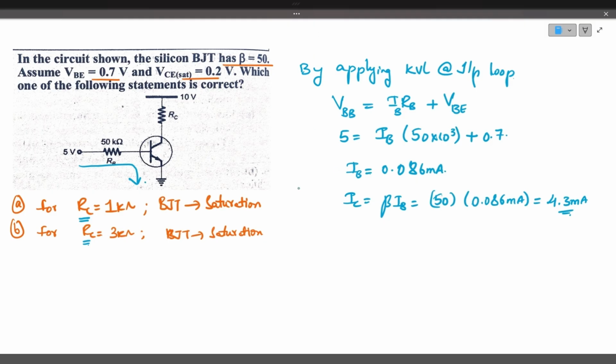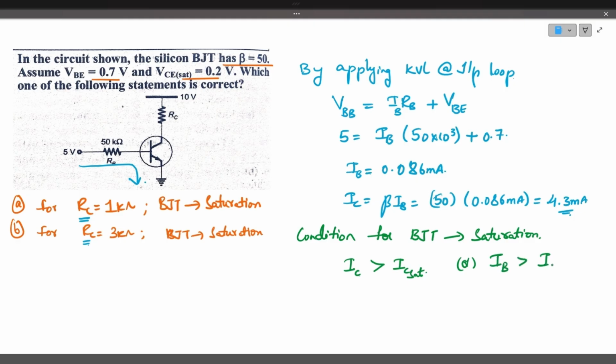The condition for a BJT to be in saturation is that the flowing collector current must be greater than the saturation collector current, or the flowing base current must be greater than the base saturation current. How to find out this saturation current? The flowing collector current is known for us, that is 4.3 milliamps.